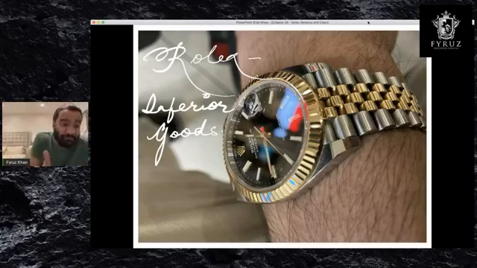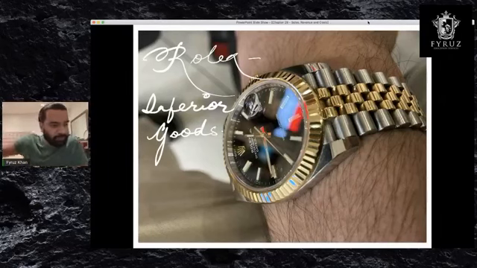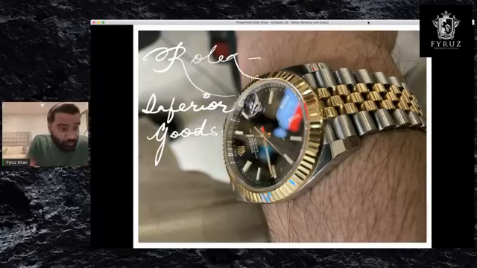I will buy something cheaper. I will buy an alternative to this, inferior goods, an alternative to another product. So I won't go for this watch because my income has decreased or the price of this product has increased remarkably.